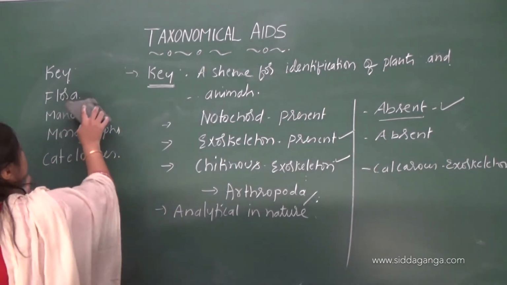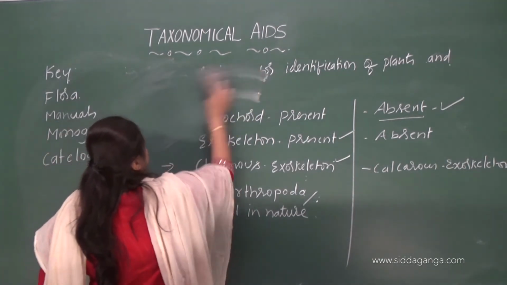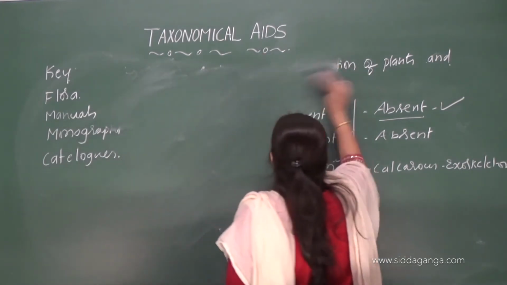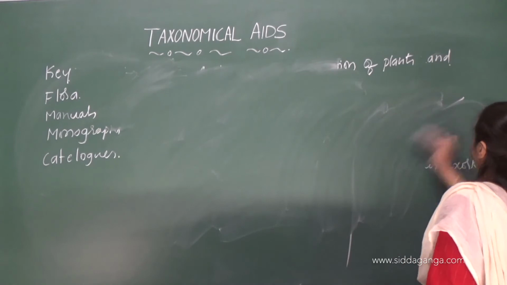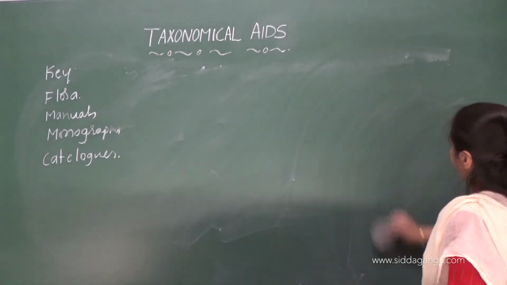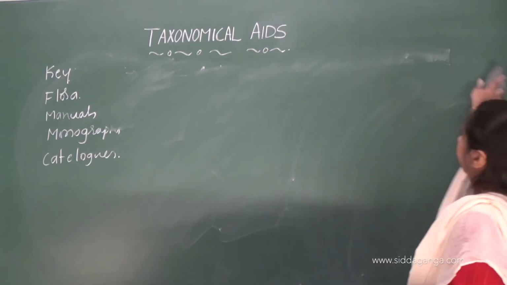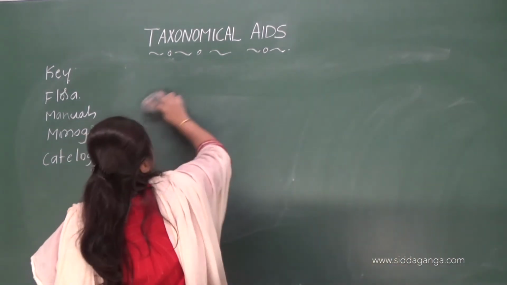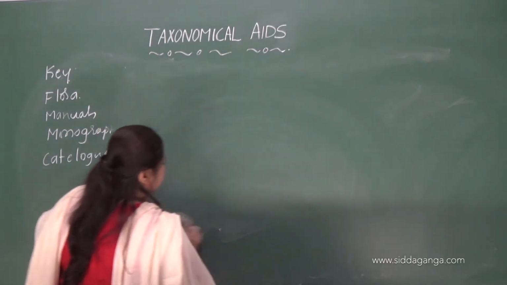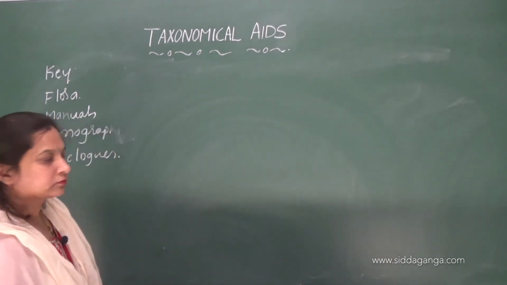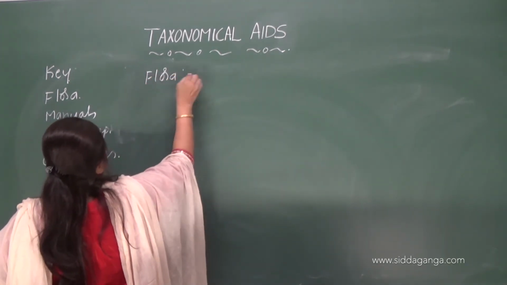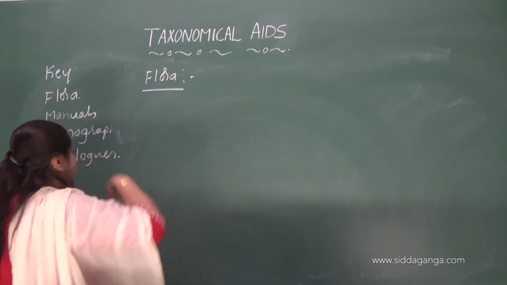Then another is the flora. It is also one of the taxonomical aids.